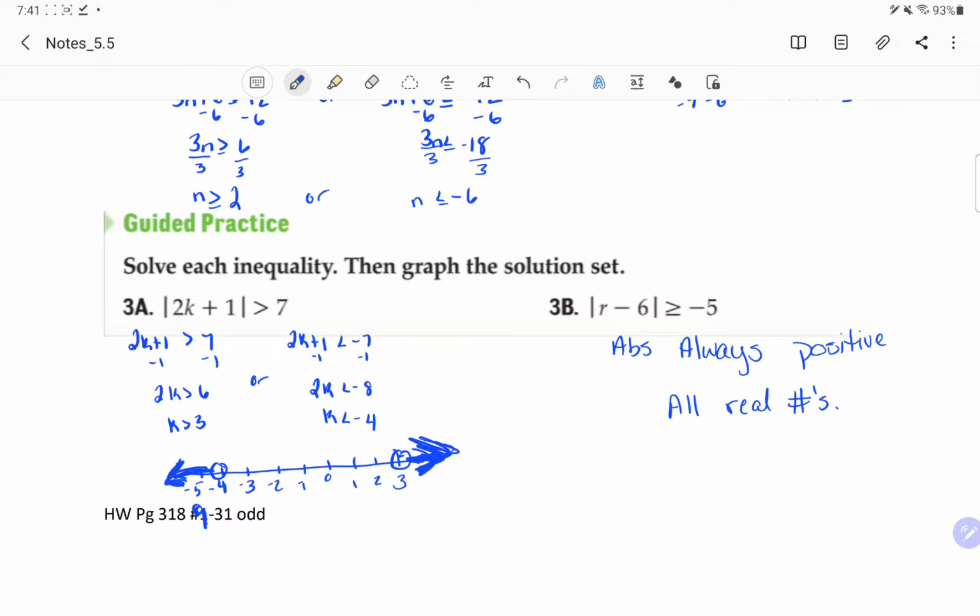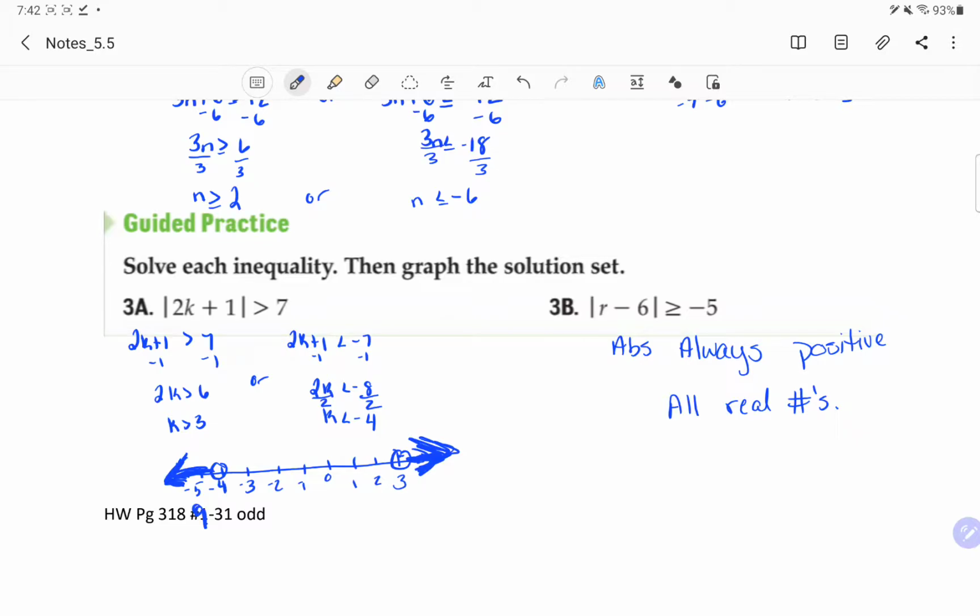So I get 2k plus 1 is less than negative 7. Subtract my 1 from both sides. You'll get 2k is less than negative 8. Divide both sides by 2, and you'll get k is less than negative 4. So again, we have an open circle on negative 4, and you shade to the left because you want numbers less than negative 4.